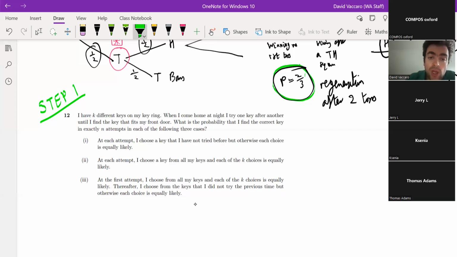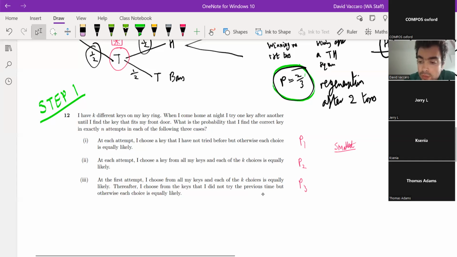Right, before doing any calculations, and I want everyone to have a go at this in the chat, we'll call these probabilities P1, P2, P3, and I just want you to put them in order from smallest to largest.